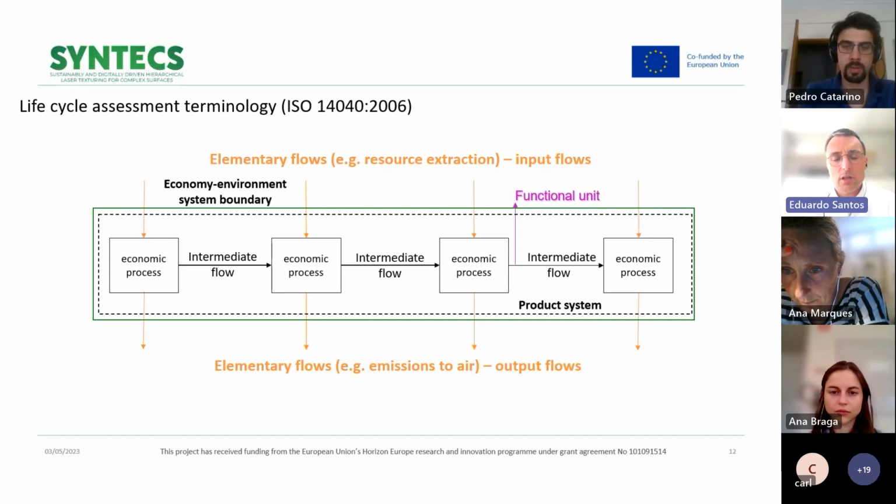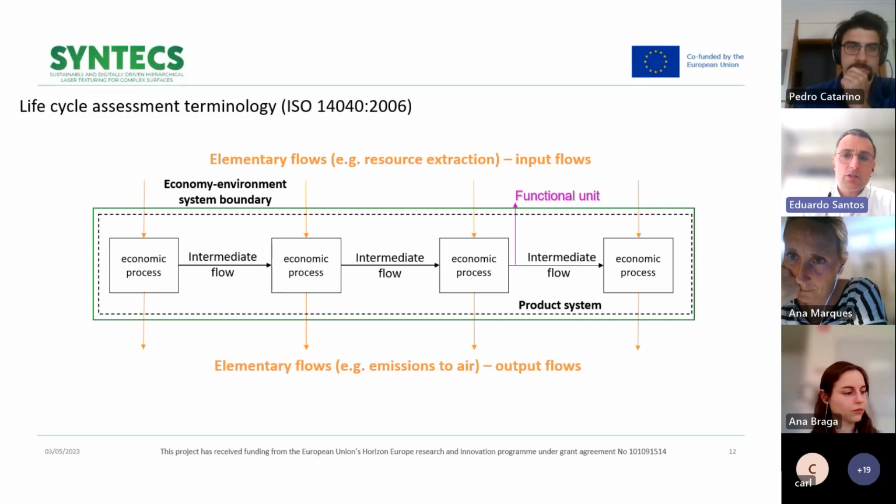So it's their function, their purpose, that is what this product system is doing. This product system also has boundaries that separate the product system from the encompassing environment, and they exchange with this environment a set of flows, which are input flows, and then they also emit a set of flows from the product system to the environment.